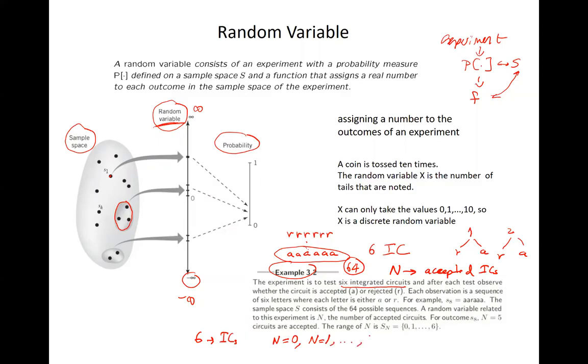And so on, and finally, if all 6 ICs are accepted, n is going to be 6. So the range of this random variable will be 0 to 6. Okay? Now, we can then assign probability to this and then continue with other examples.